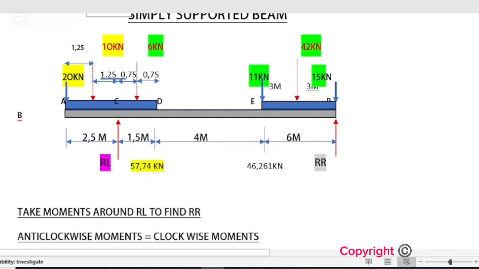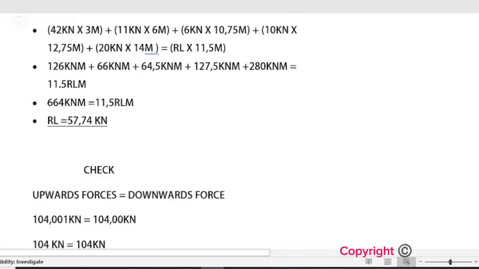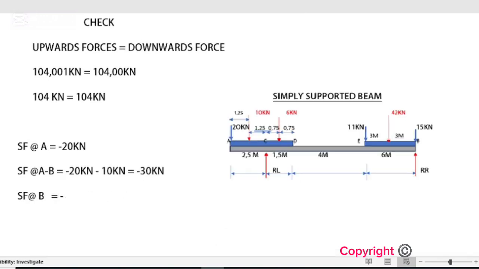So 57.74, it will be minus 30 kilonewton plus 57.74 kilonewton. Let me go and check again.